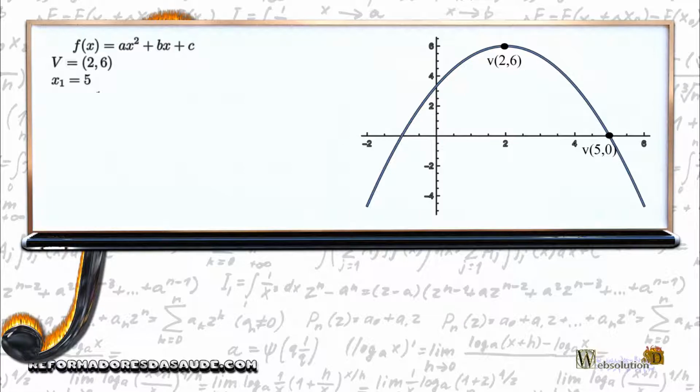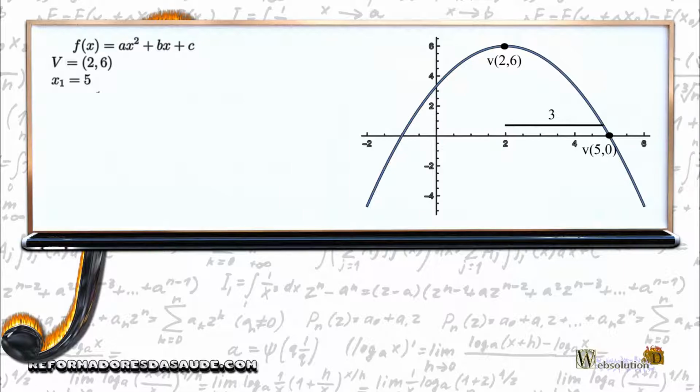Since the parabola is a symmetric curve, we will use the root on the x-axis, which is 5, given by the statement, and locate the root on the x-axis. The parabola will be passing through the x-axis, as we see at root 5.